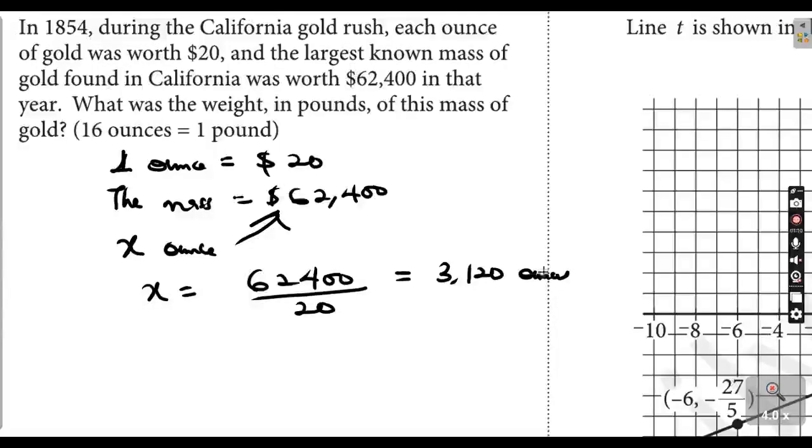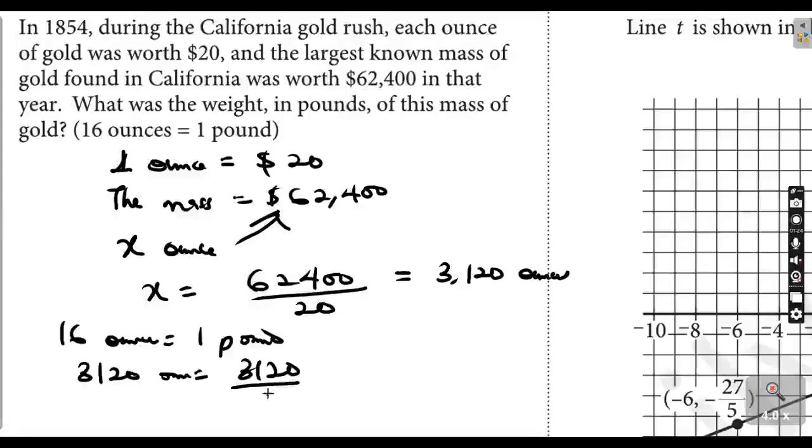So this 3,120 ounces is what we are going to convert to pounds. 16 ounces equals 1 pound. So 3,120 ounces will be 3,120 over 16, and that is 195 pounds. This is the expected answer.